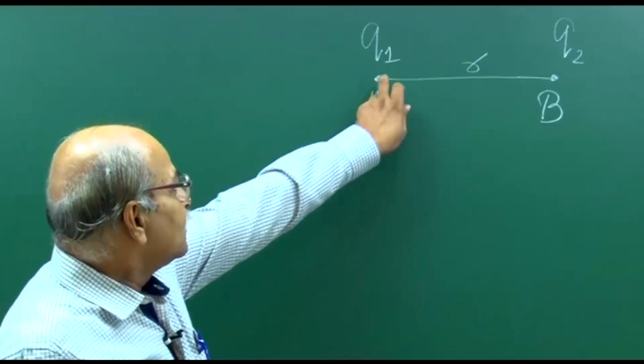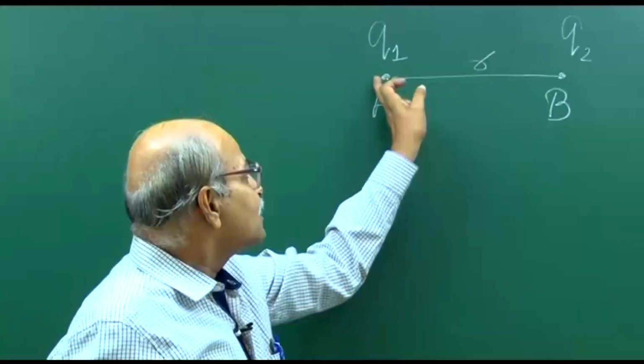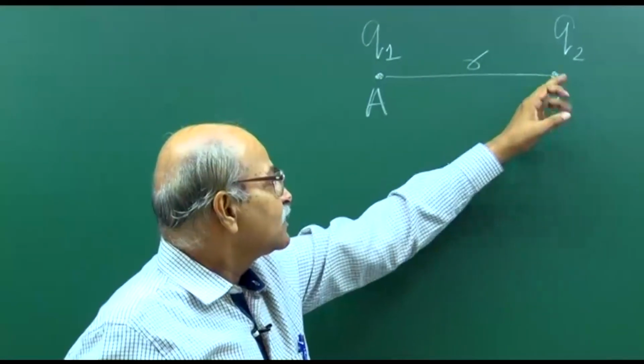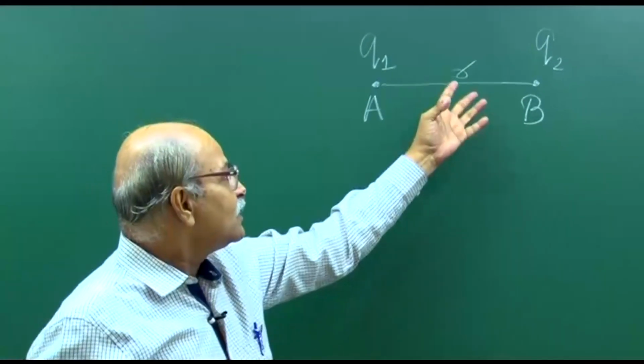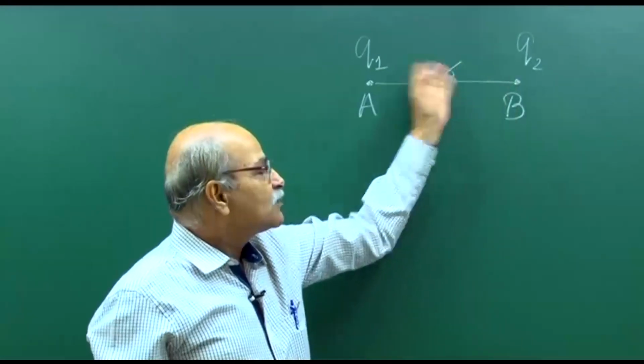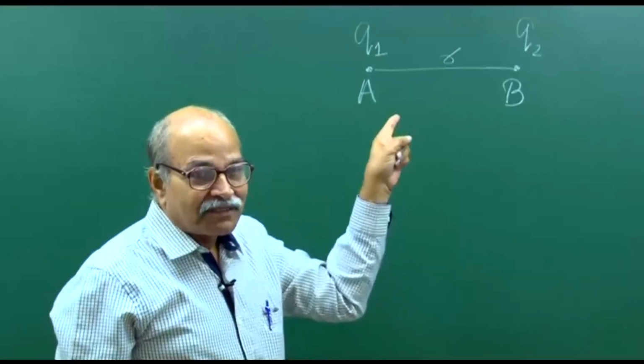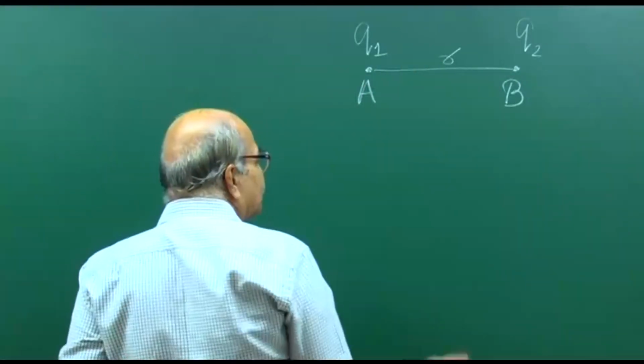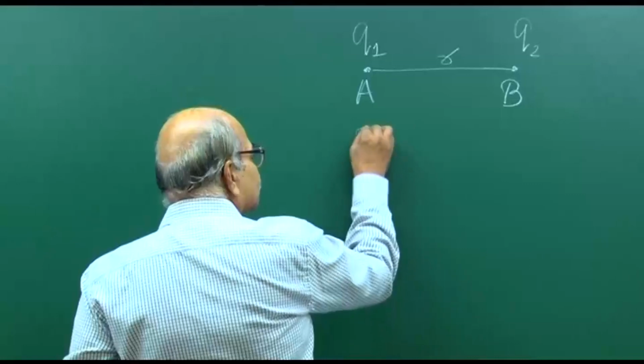So, here A and B, the sizes of these objects are much smaller, or it is assumed that they are much smaller, as compared to this separation. That is an important restriction.